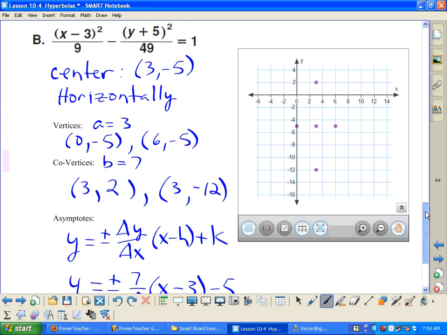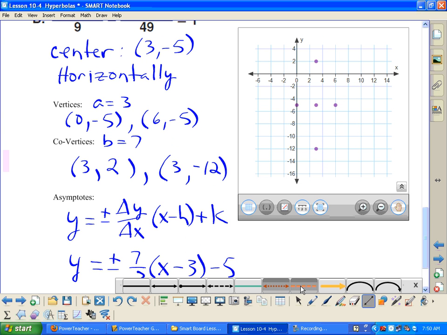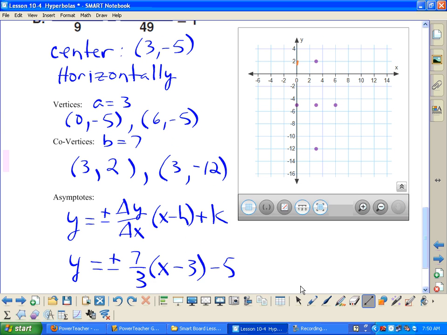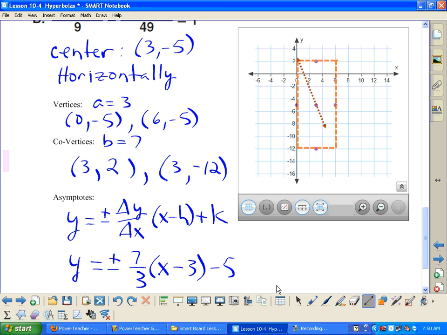So now I'm going to put my box around this. So here's my height, my width. Continue to draw that box. And then, like I said, your asymptotes then are going to go right through the corners, which should go right through the center then.